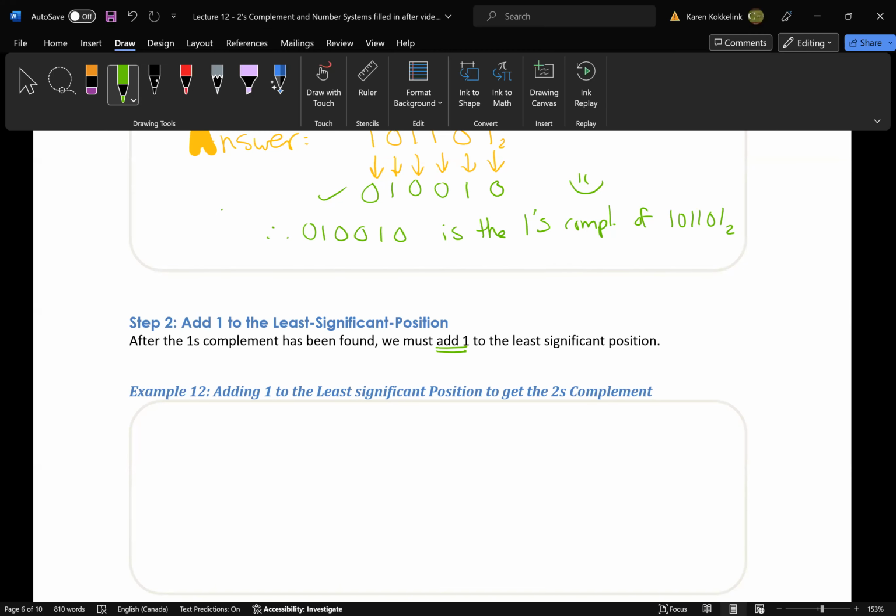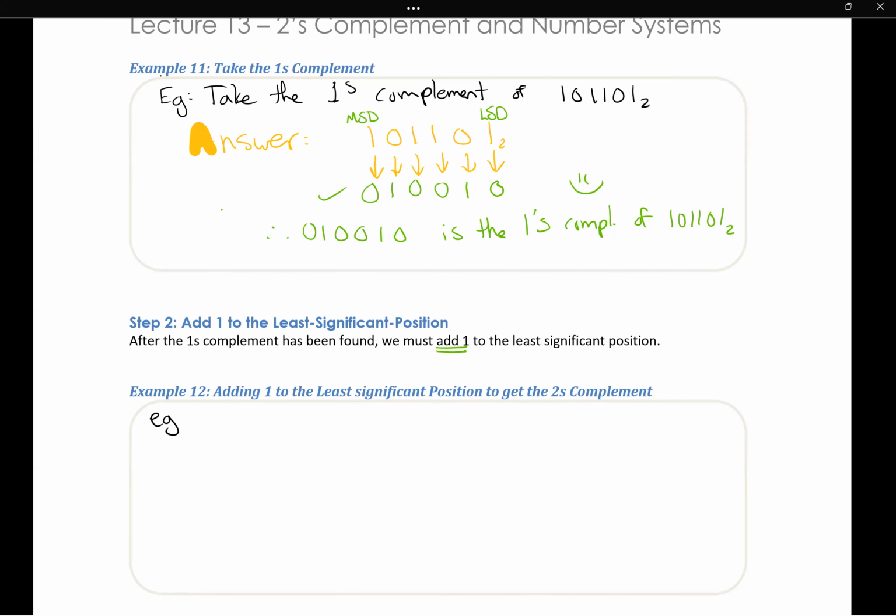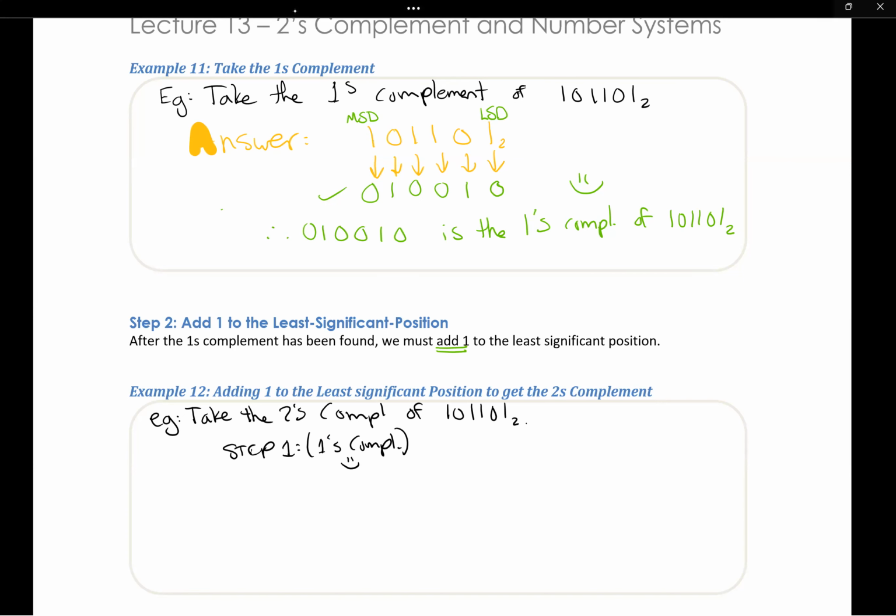So let's do this all from scratch as another example. Take the 2's complement. I'm going to do both steps, okay? I'm going to do step 1. And step 1 is the 1's complement, which makes us happy. It's pretty easy, right?